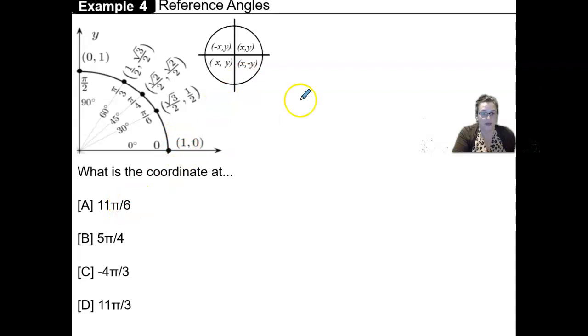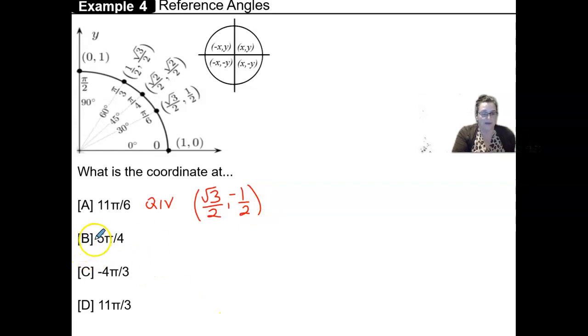So 11 pi over 6, if the whole circle is 12 pi over 6, that's 1 pi over 6 back in the clockwise direction. That puts us in quadrant 4. So since this is a quadrant 4 angle, the x is positive, the y is negative. So we use our pi over 6 reference, root 3 over 2 comma 1/2, but in quadrant 4, the y is negative. And that would be the coordinate of 11 pi over 6.